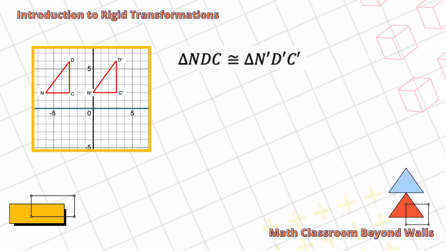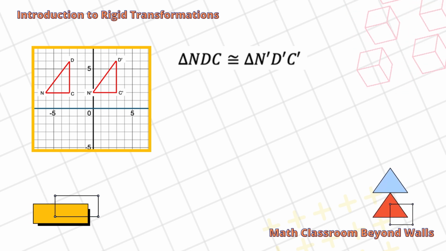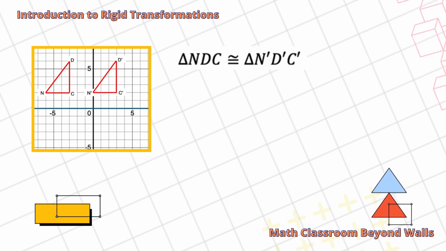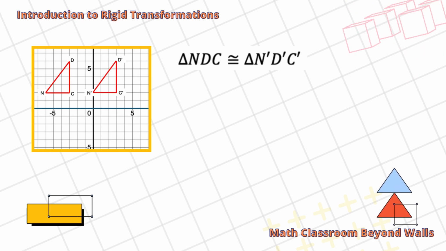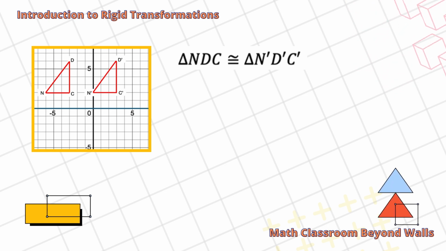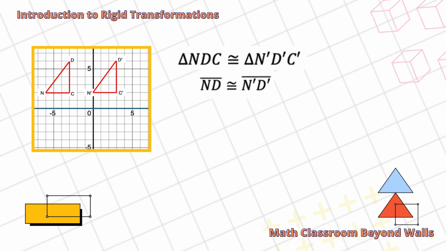Since the triangles are congruent, their corresponding sides and corresponding angles must be congruent, right? We can therefore write the following congruent statements for their corresponding sides. We read this as side ND is congruent to side N prime, D prime.